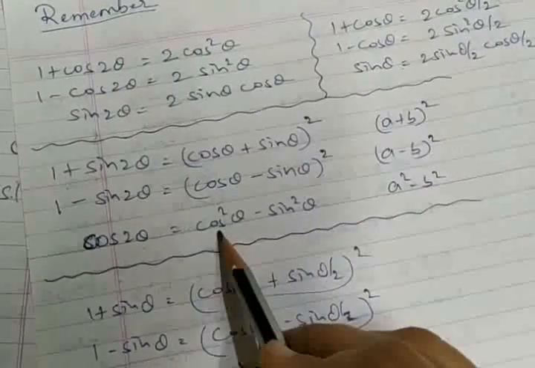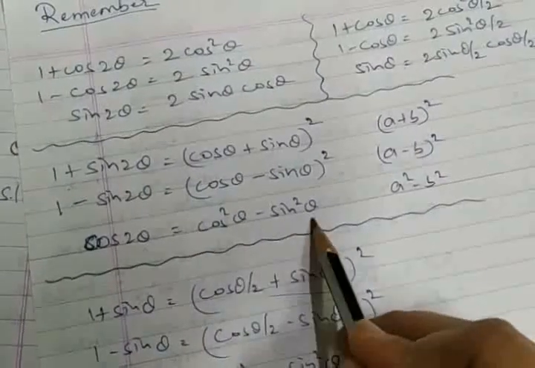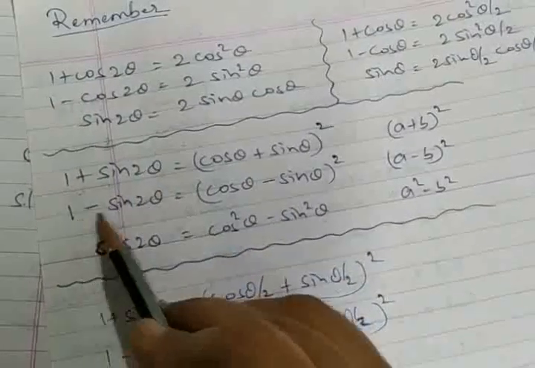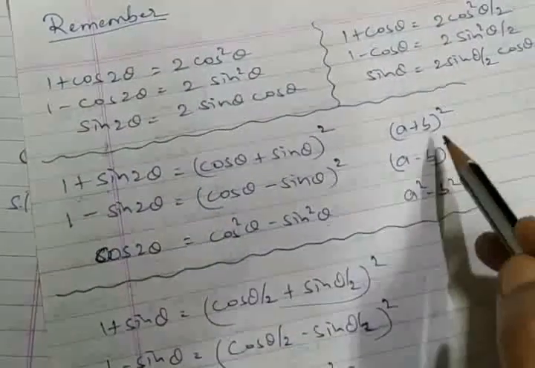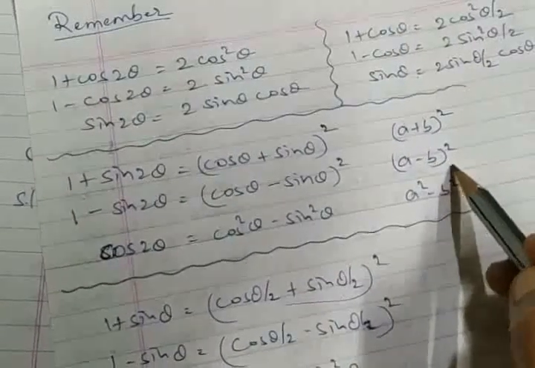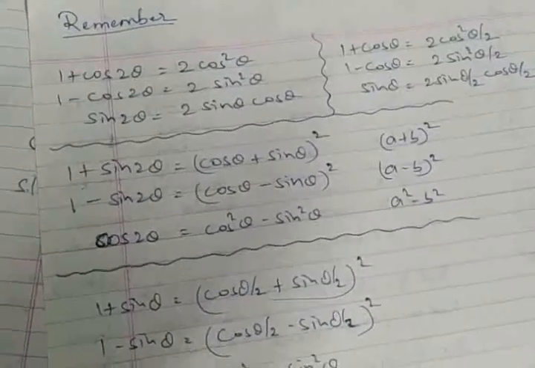I mean to say cos square of half the angle: cos square theta minus sin square theta. Whenever I find 1 plus sin 2 theta or 1 minus sin 2 theta, say it's a perfect square, a plus b whole square as well as a minus b whole square. Remember this formula, repeatedly you will be using these formulas.